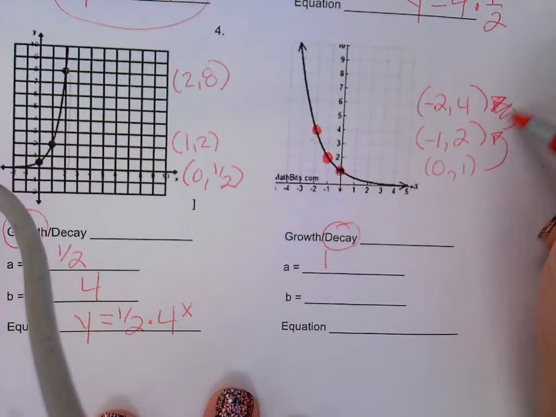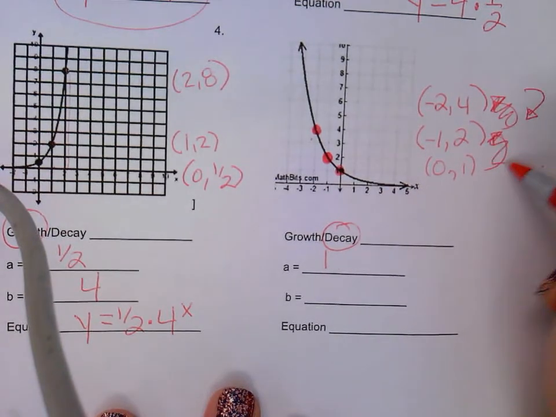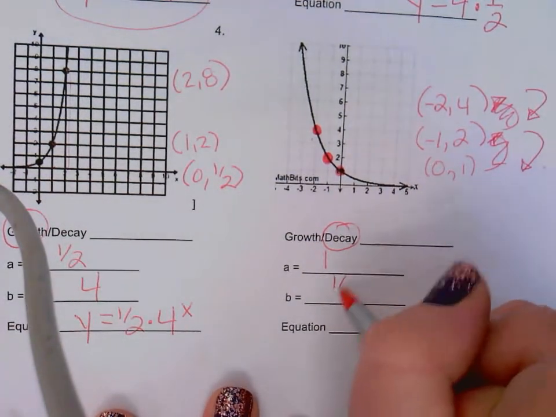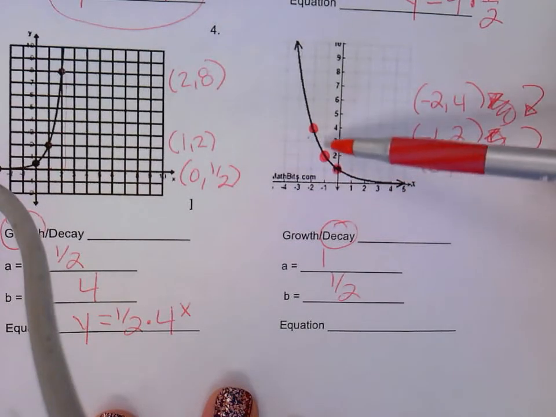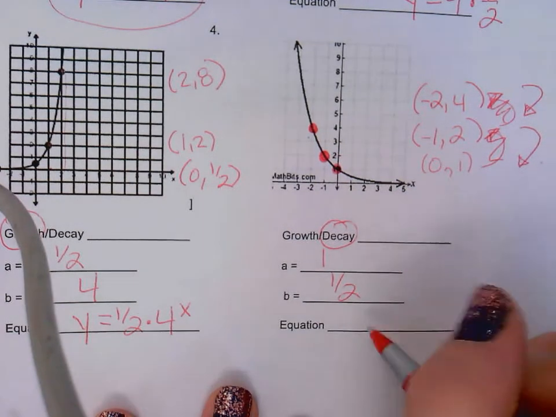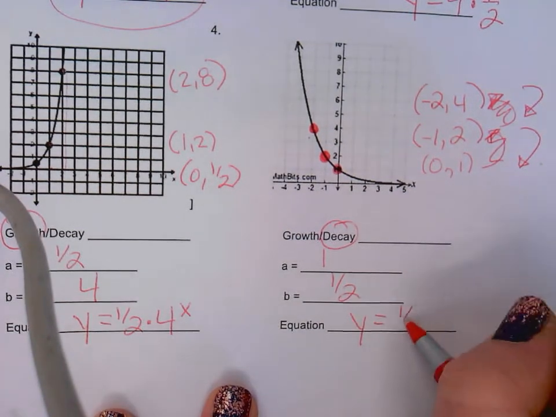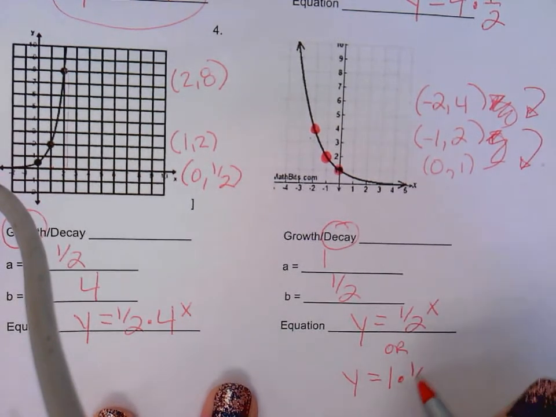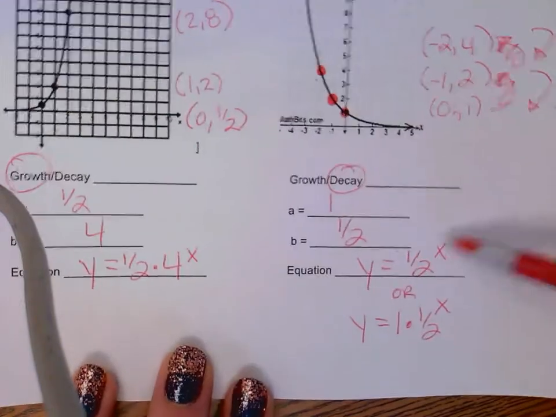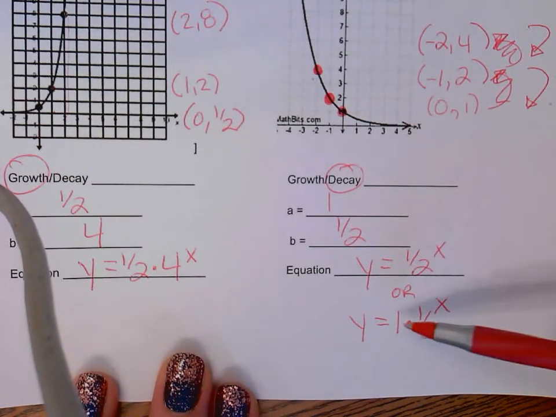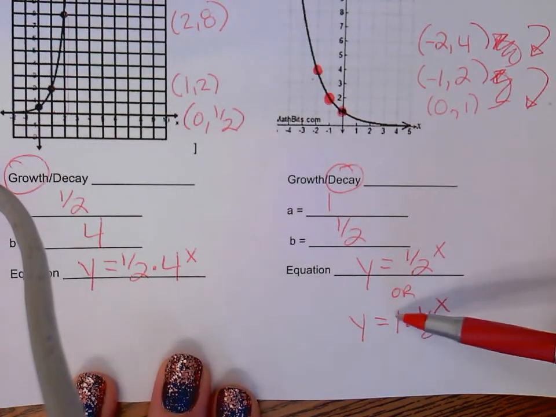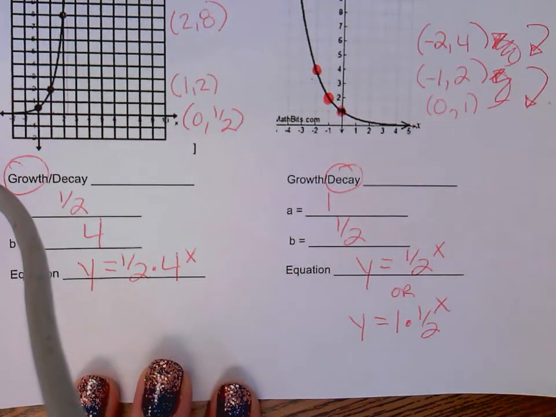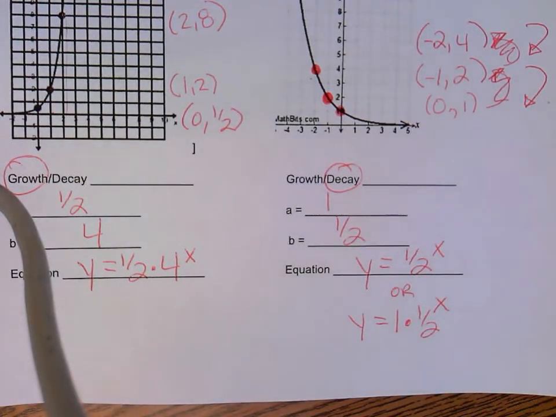So I actually should be going this way, 4 to 2, 2 to 1, and multiplying by 1/2 each time. So you could either write it as 1/2 to the x or 1, because 1 is the y-intercept, times 1/2 to the x. Either way you're more comfortable with. So now you're going to try 5 through 8 on the back.